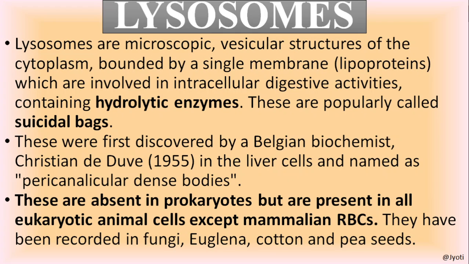These lysosomes are called the suicidal bag of the cell because they contain a digestive enzyme called hydrolytic enzyme, and this digestive enzyme digests the substances that enter into this particular cell organelle. We'll discuss the function of lysosomes in detail with the diagram.